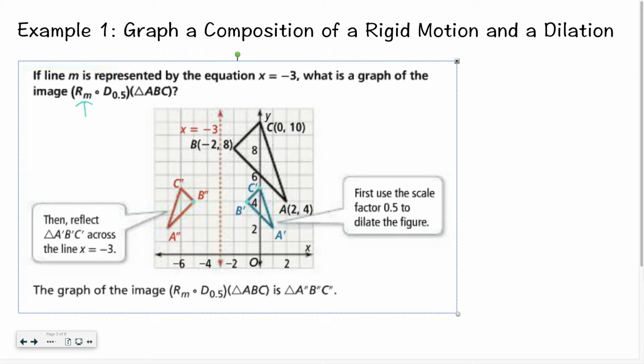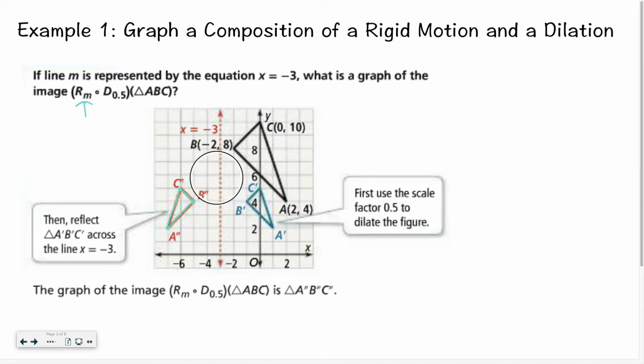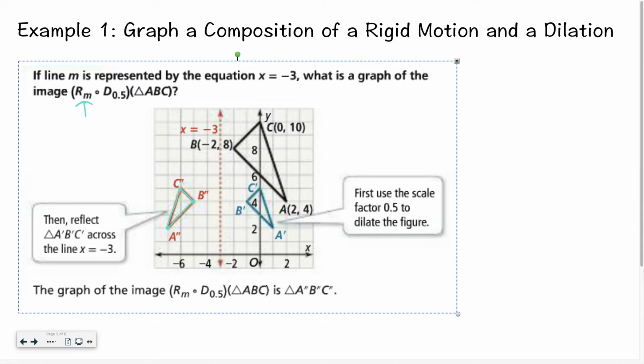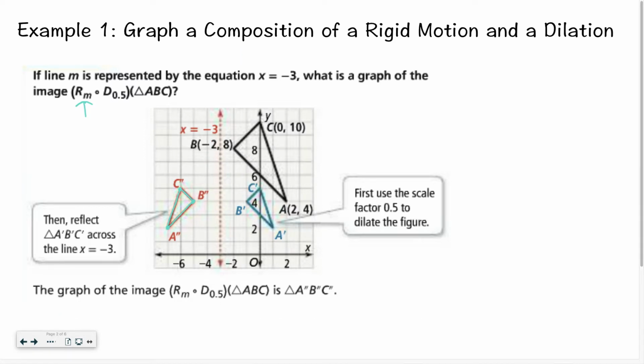Here C prime is 1, 2, 3. So I'm going to go 1, 2, 3. Same thing with A. A is 4, so we're going to go 4. And these new dots form A double prime, B double prime, and C double prime. And that is my final answer. Okay, so remember, compositions, you're going to move it more than once.